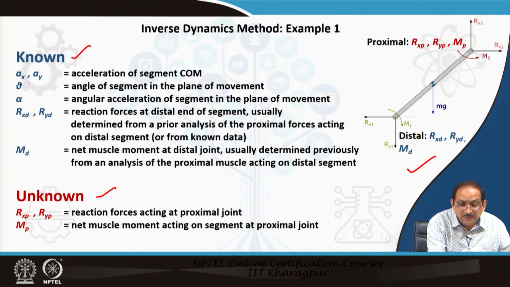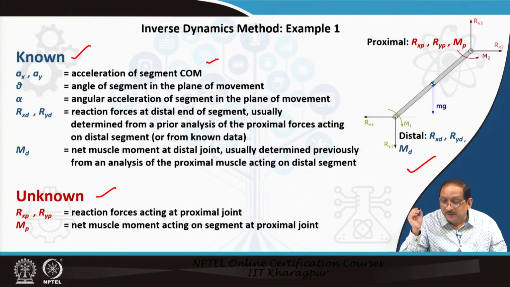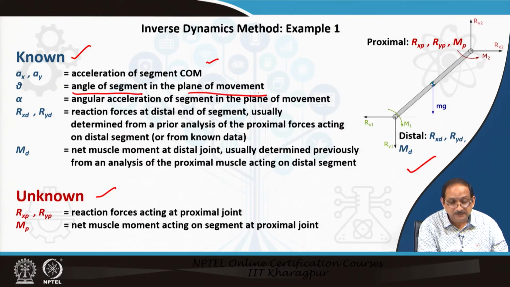The known variables are the acceleration of the segment COM, AX and AY, and the angle of the segment in the plane of movement. The alpha is the angular acceleration of the segment in the plane of the movement.